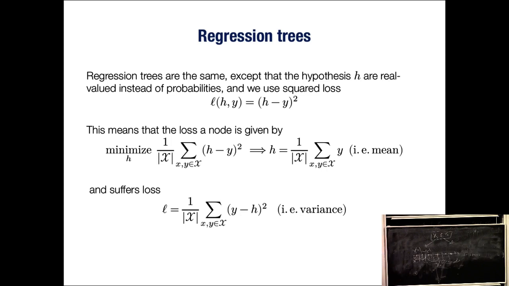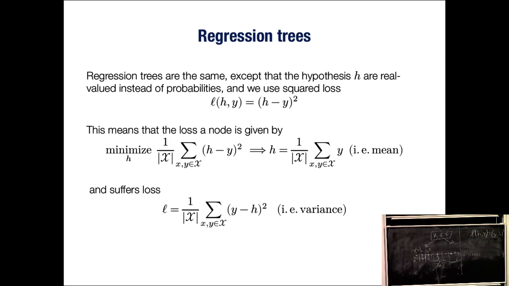And the loss function we use, instead of this probabilistic loss, is just going to be the squared loss. So our loss between our hypothesis, again a constant hypothesis in some region, and an output is just going to be equal to the squared error between those two.